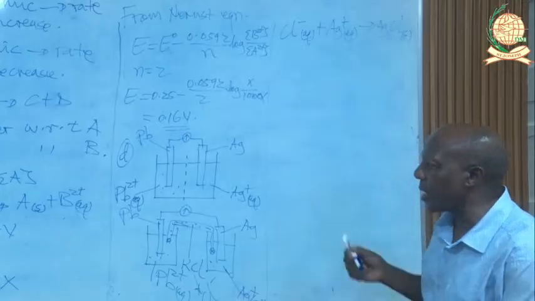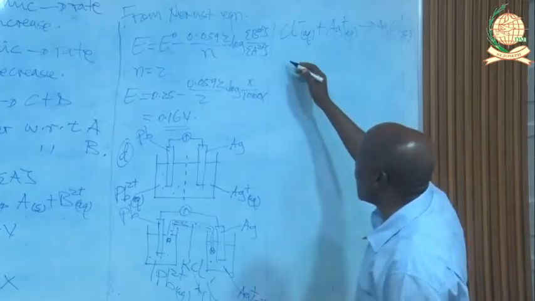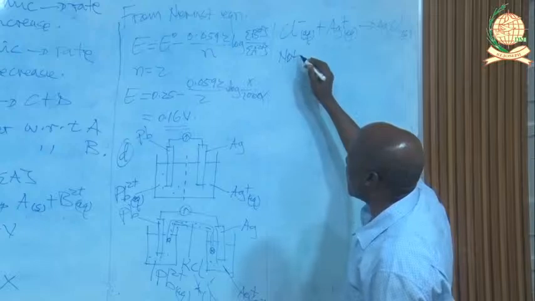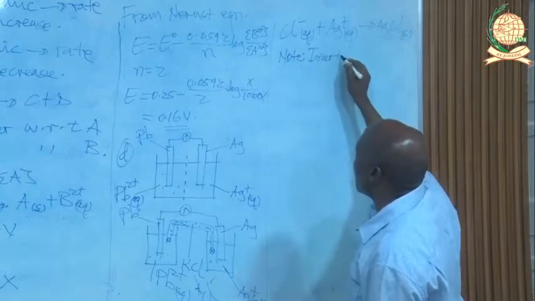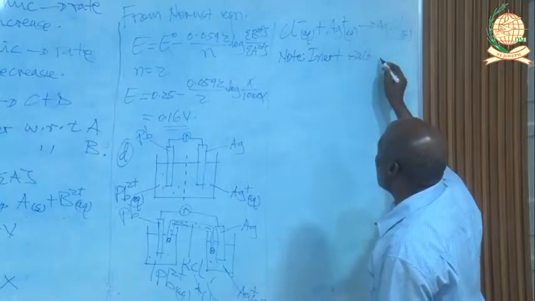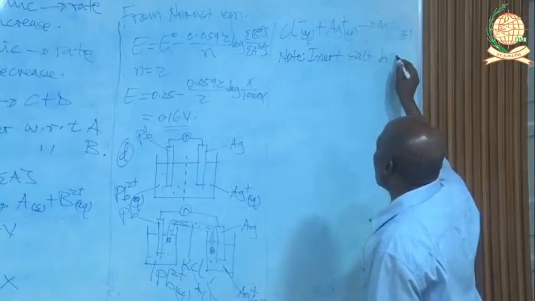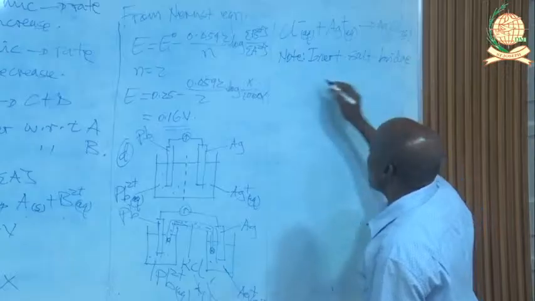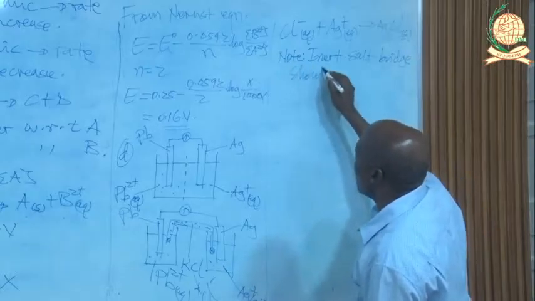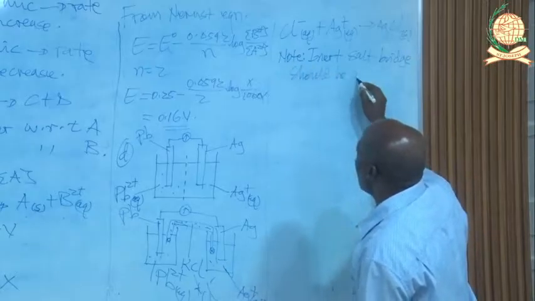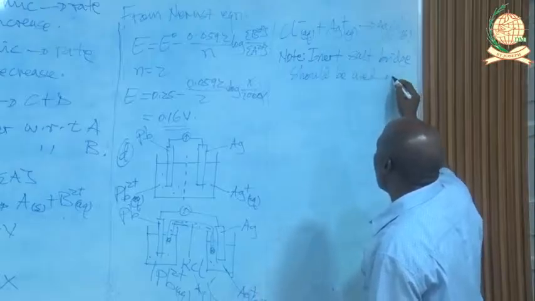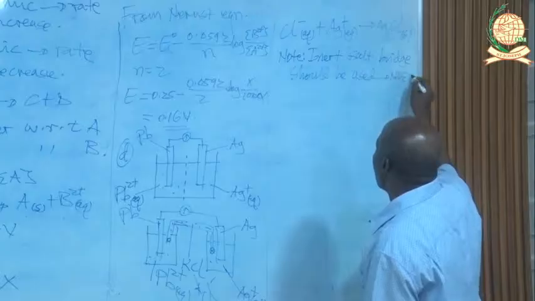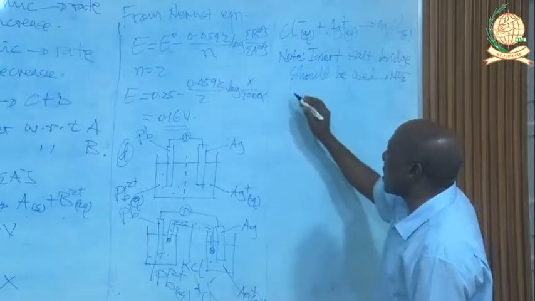So as a result, what is needed here is an inert salt bridge. An inert salt bridge should be used. For example, nitrates. We know that all nitrates are soluble in water.